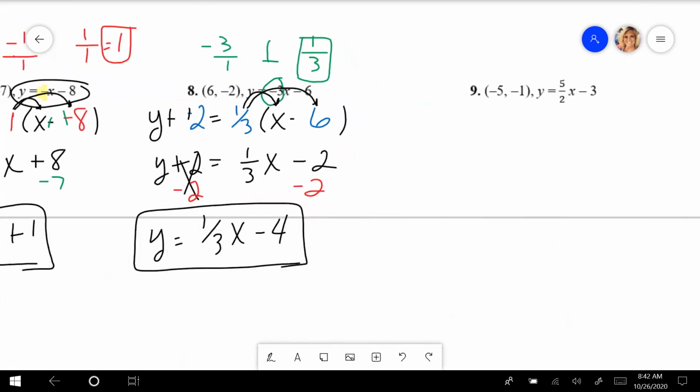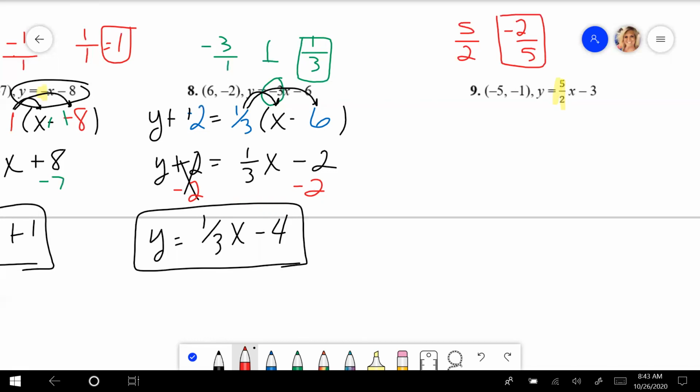Okay, I'll move my board over for the last one. It is in slope-intercept form, so there's the slope, but I need to rearrange it. So I've got 5/2. Flip it over to 2/5, and instead of positive, it's negative. This is now my new slope that I need.